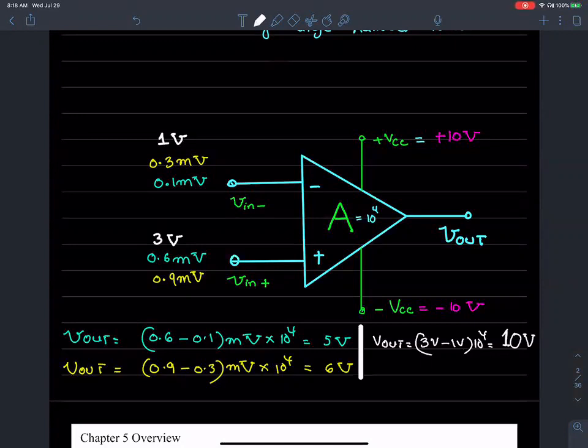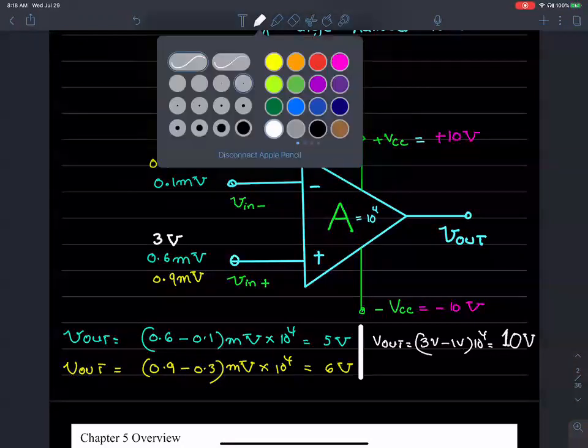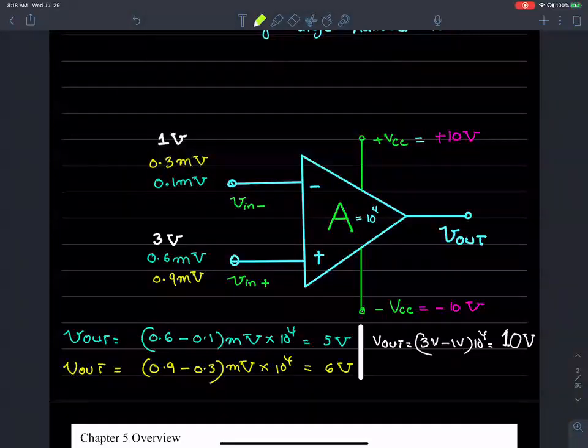Okay, let me give you a different number here. I'll give you a 4th number. Let's see, I give you a value of 2 volts over here and 5 volts over here. Okay, what would be the output in this case?